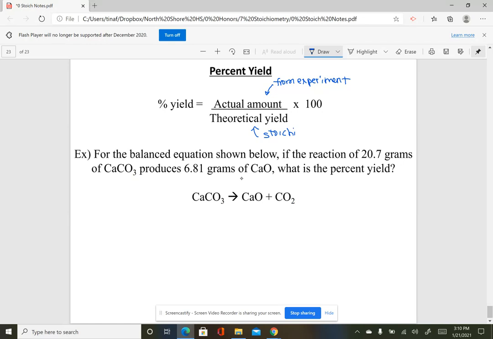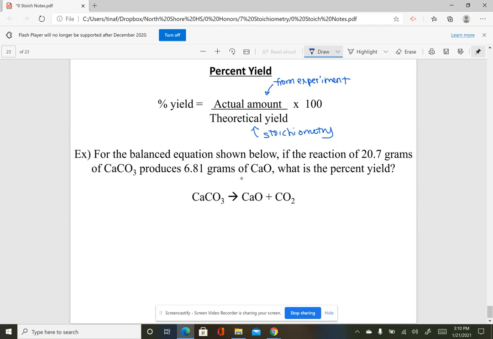So you can calculate what you should get, but then when you actually do the experiment, we rarely get what you're supposed to. Okay, so for a balanced equation shown below, if the reaction of 20.7 grams of calcium carbonate produces 6.81 grams of calcium oxide, what is the percent yield?